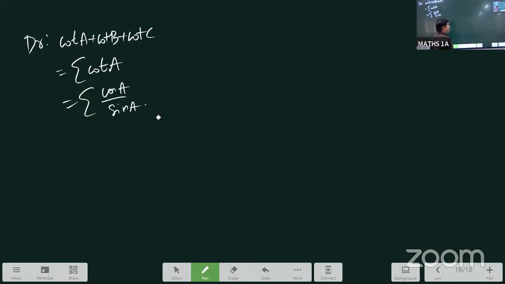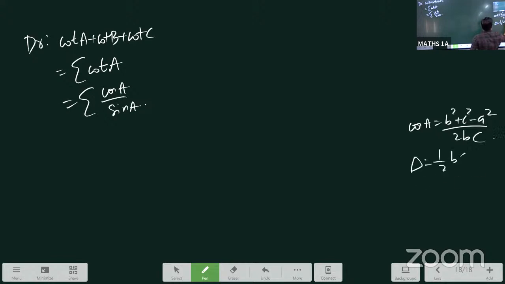Again, I am writing the cosine rule formula: cos A is b square plus c square minus a square by 2bc. And delta is equal to half bc sin A, then 2 delta is equal to bc sin A. These are the formulas I am going to use now.